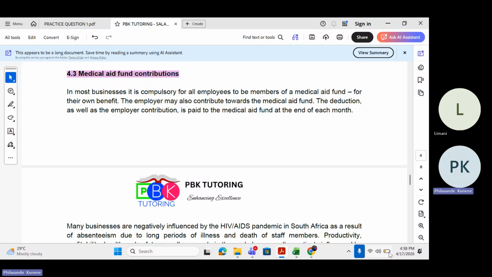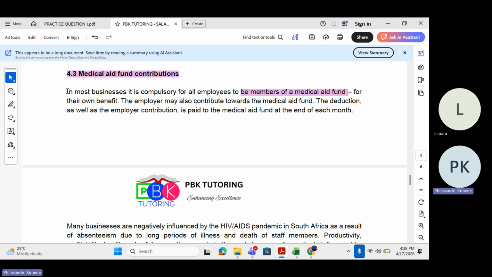What is that? In most businesses, it is compulsory for all employees to be members of a medical aid fund. You see, this one is a choice. It's not a must. It's not in law, or it's not compulsory for all employees to join a medical aid fund.